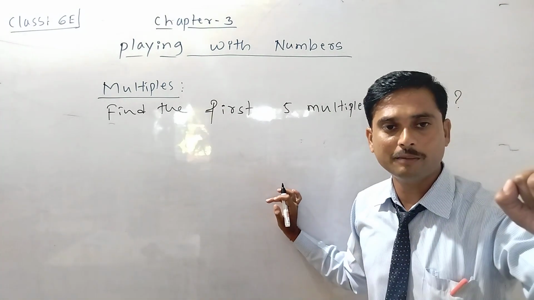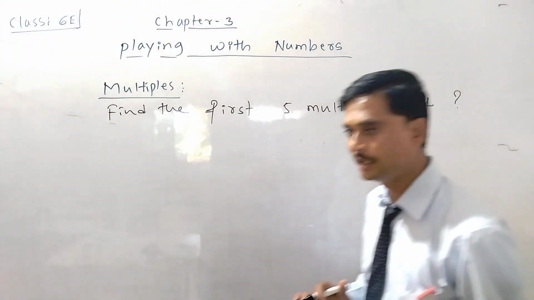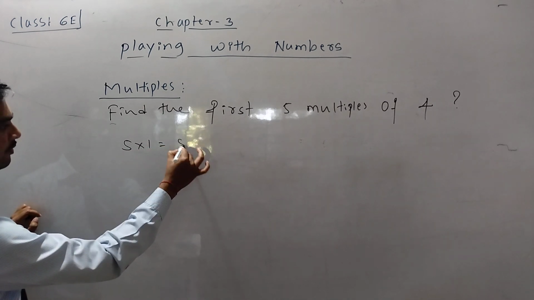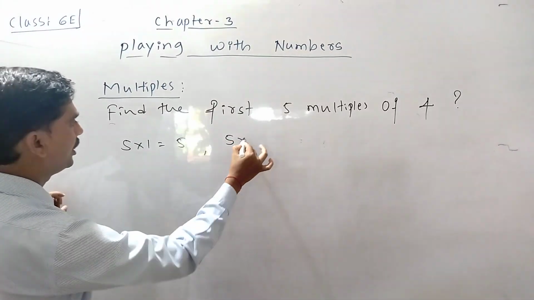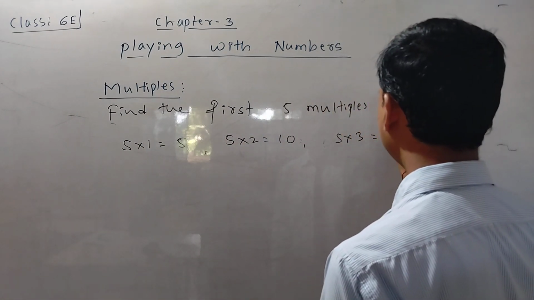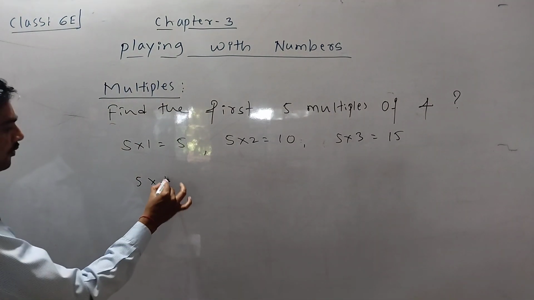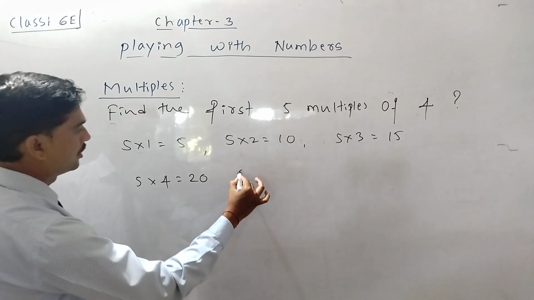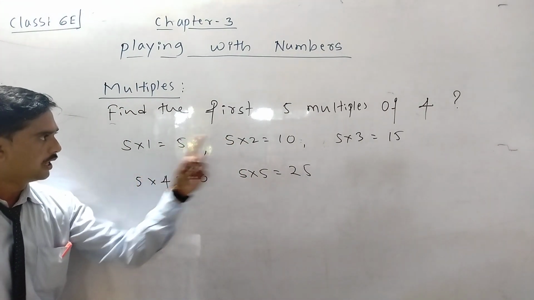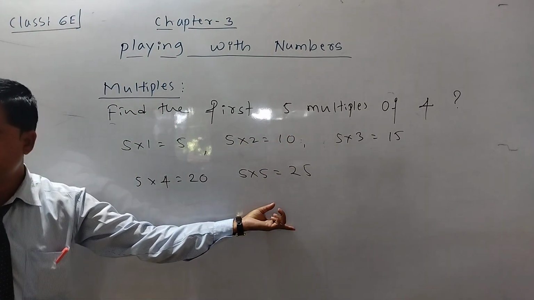Since they are uncountable, we find the first 5 multiples. 5 into 1, how much? 5. 5 into 2, sir, 10. 5 into 3 is equal to 15. 5 into 4 is equal to 20. 5 into 5 is equal to 25. How many are there? 1, 2, 3, 4, 5. Only 5.